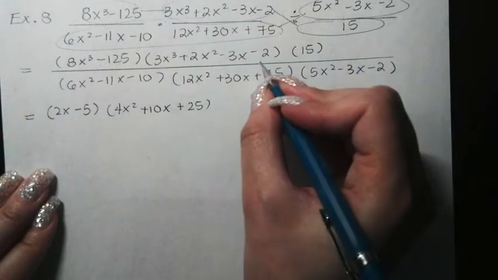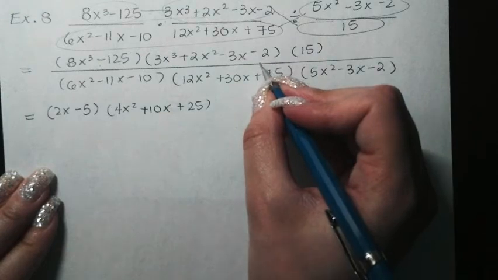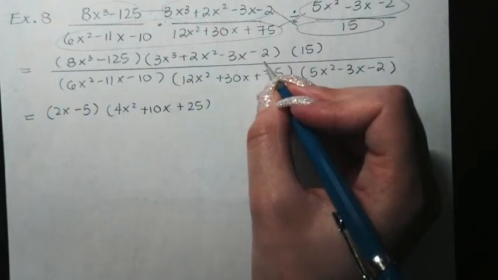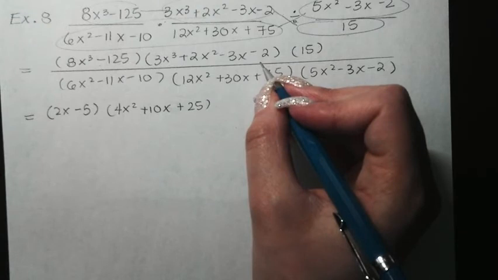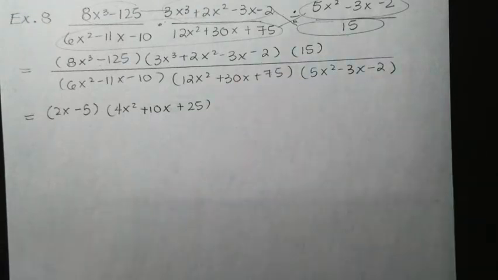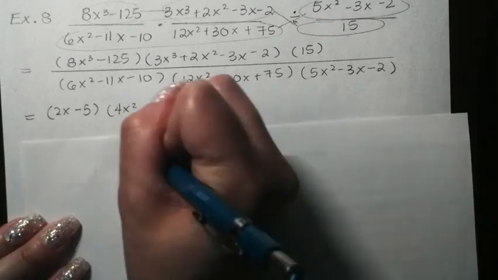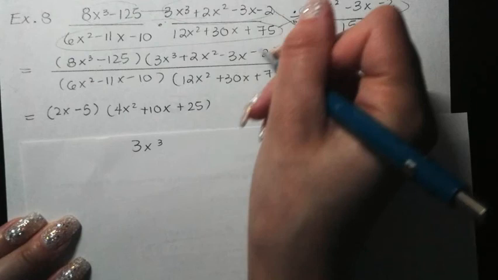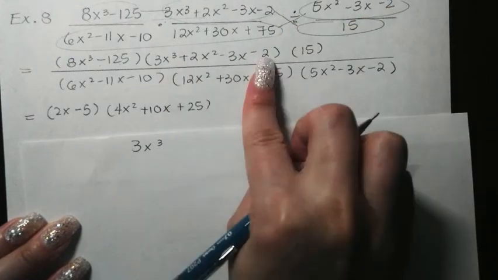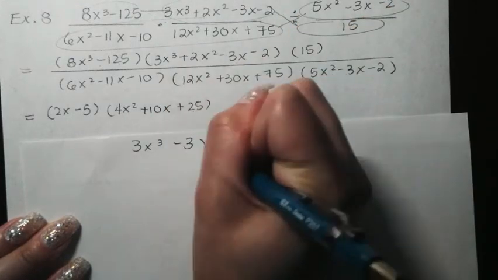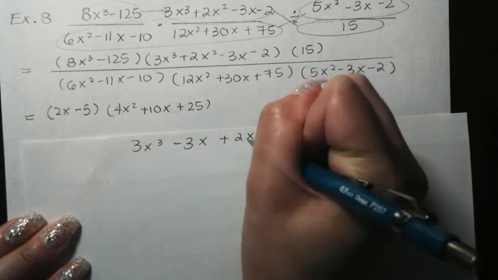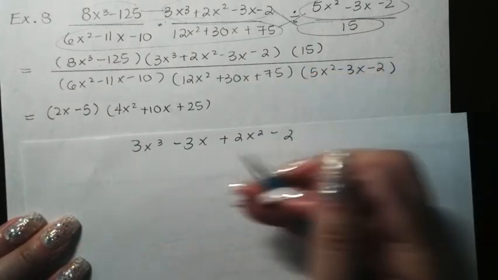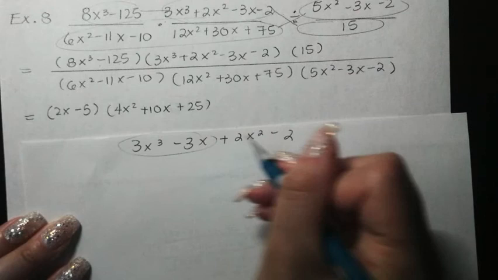Now this one over here, what are you going to do with that one? Honestly, I would take another piece of paper and start doing it separately. So let me write it here. You have 3x cubed, and I would rewrite it. Why? Because I see that I have 4 terms, so I would do grouping. I'm going to put the 3's together, maybe that's better. So I'm going to group this and this.